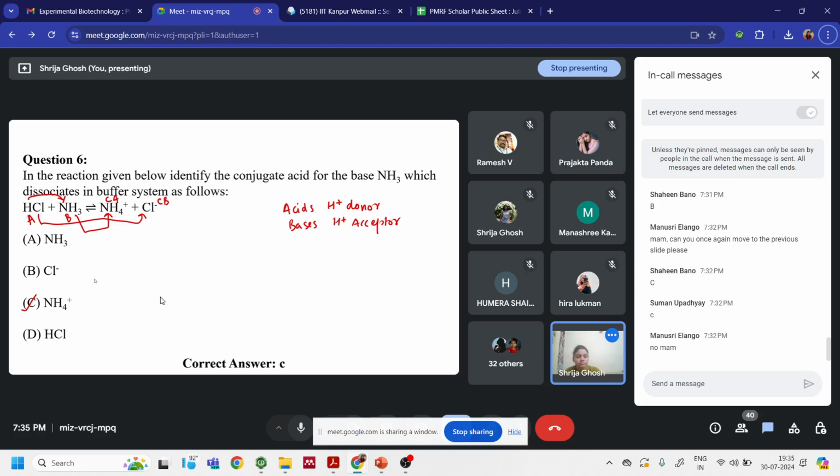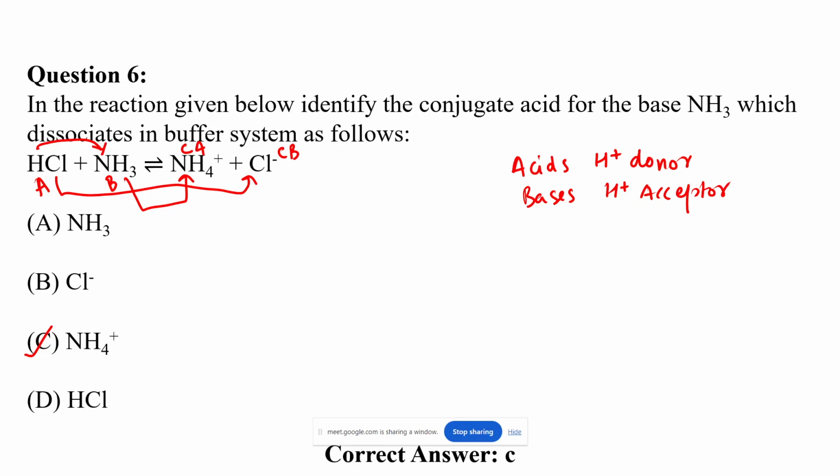Any idea? No? So if you see here, ammonium ion now has an extra proton, right? NH4 plus. So it has an extra proton, so now it can act as a proton donor. I told you acids are proton donors and bases are proton acceptors. Now if you see the reverse reaction, it is a reaction that is happening in equilibrium.